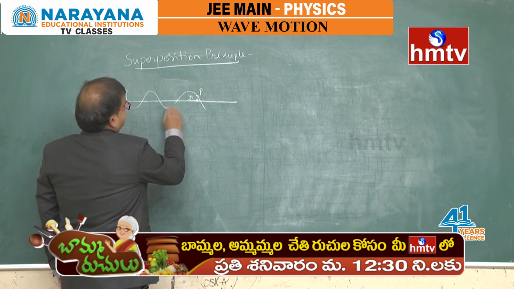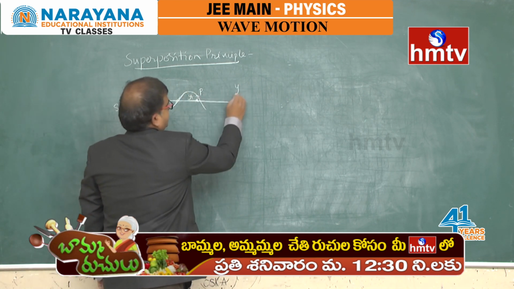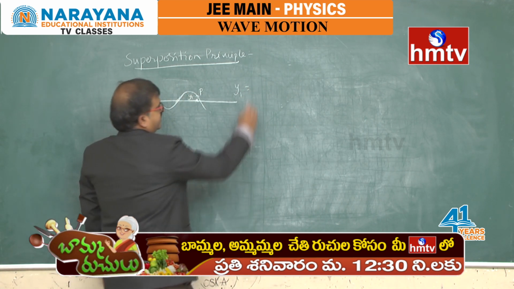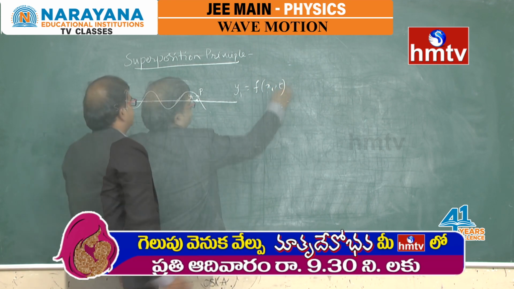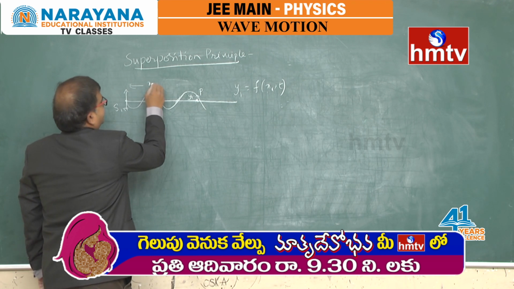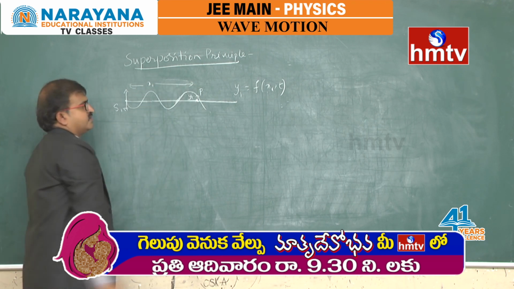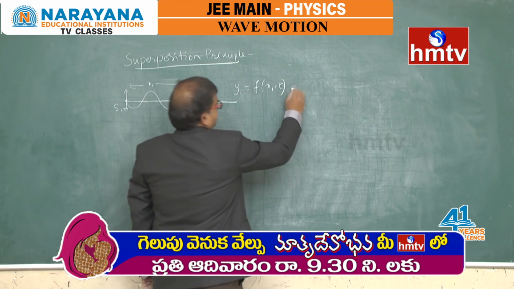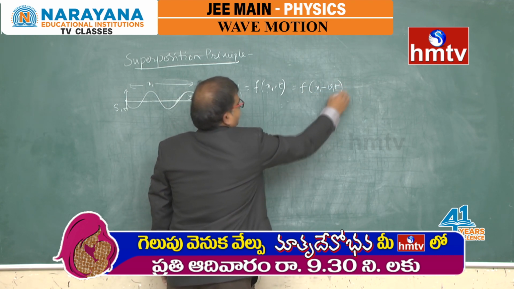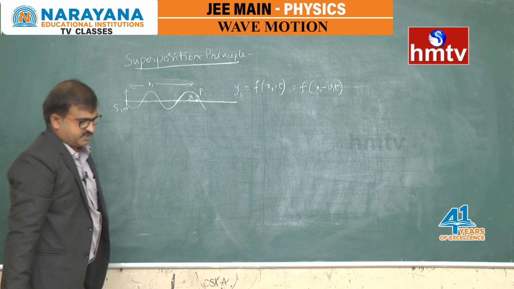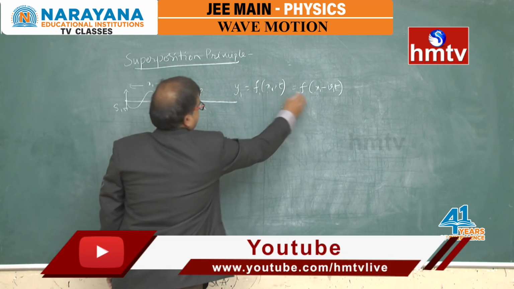Here, this y1 displacement can be taken as a function of x1 comma t, where this point is at a distance of x1 from the source S1. So you can take that this is a function of x1 minus v1 into t. That is the first function, f1.